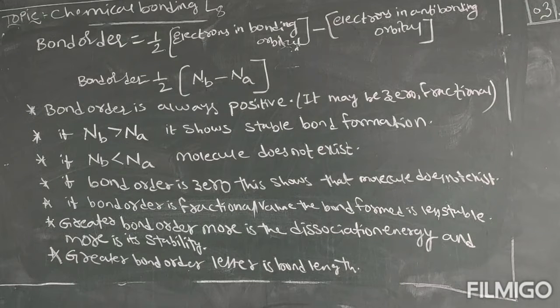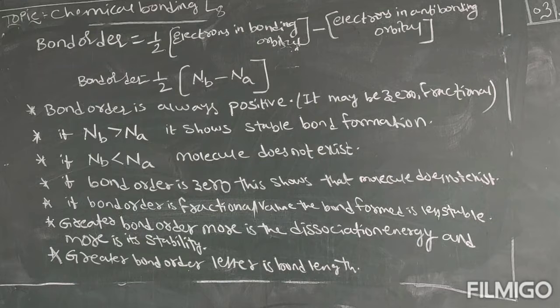Bond order is equal to half into electrons in bonding orbital minus electrons in anti-bonding orbital. Bond order is equal to half of Nb minus Na. Bond order is always positive. It may be 0 or fractional also. If Nb is greater than Na, it shows stable bond formation.